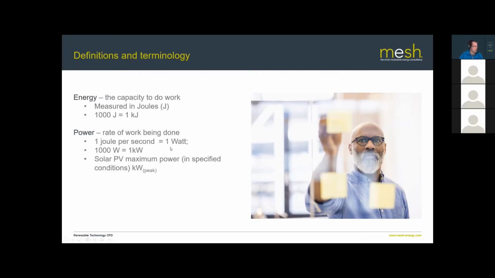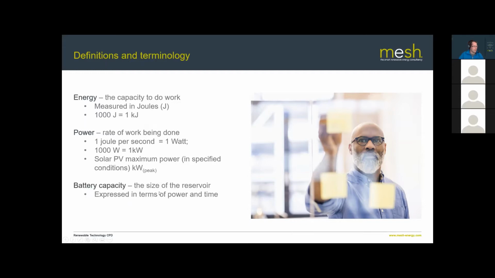So it's quite simple: a joule per second is equal to a watt. 1,000 watts is equal to a kilowatt. And usually we measure solar PV in terms of the maximum power it can give under standard conditions. So you'll see that panels are rated, and it'll say in little brackets at the end STC, which is standard test conditions.